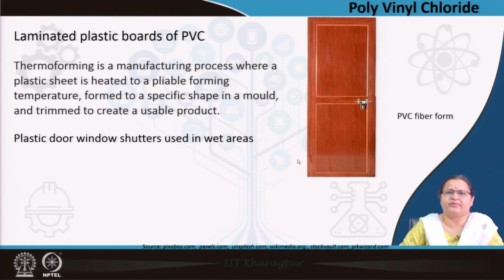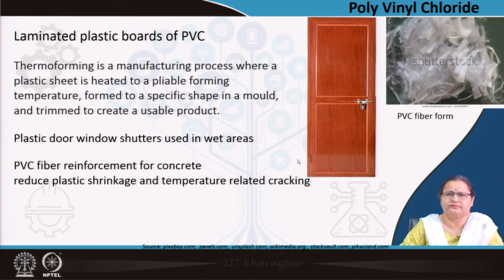We find its application in doors, windows, shutters, and you can replace wooden doors and windows, particularly washroom and kitchen doors, with these kinds of plastic doors. So, the wood does not get rotten, particularly the lower part, and plastics are a good answer to it.